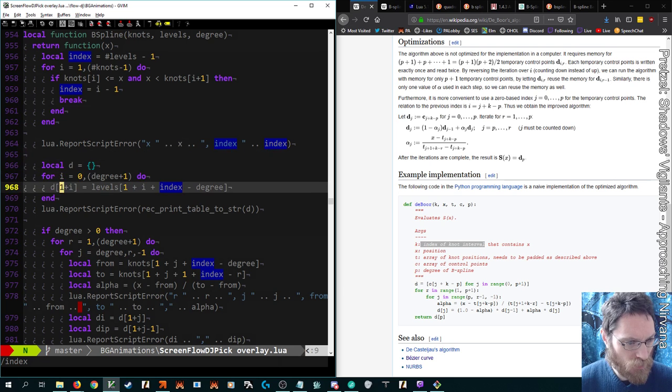Whenever we look up levels, we are subtracting degree, which should be offsetting it by the amount it's offset. But if we select 3 in 0 base, that gets us off the edge.